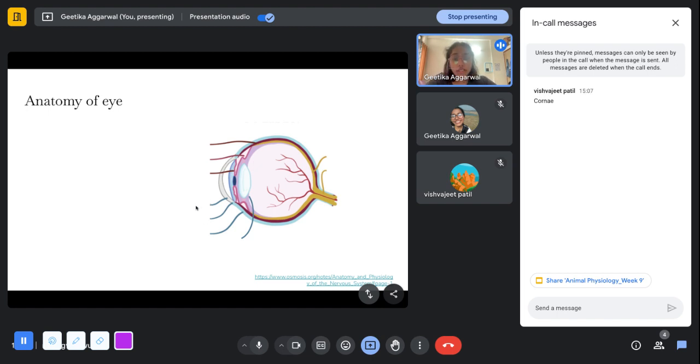Yeah, so this is the cornea, and then what is this in the middle from where the light would pass? The lens. Correct.